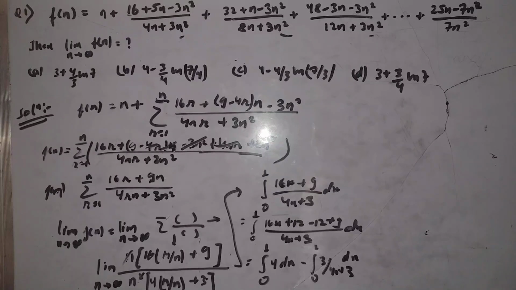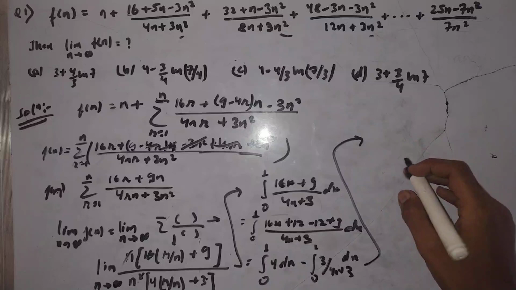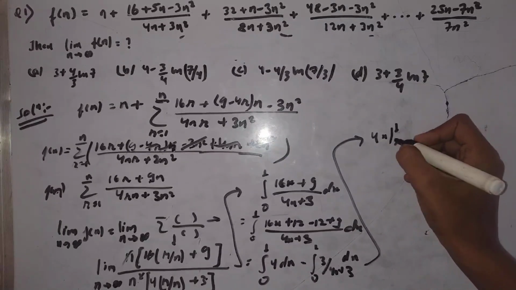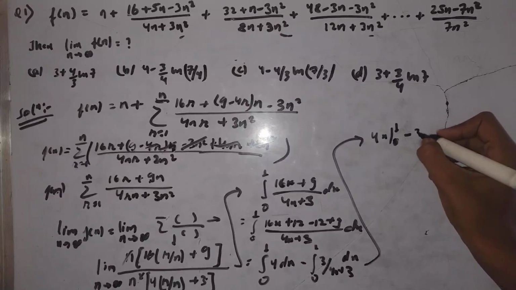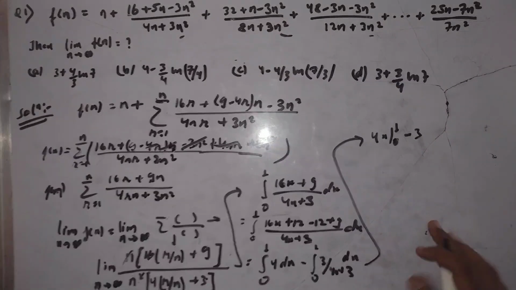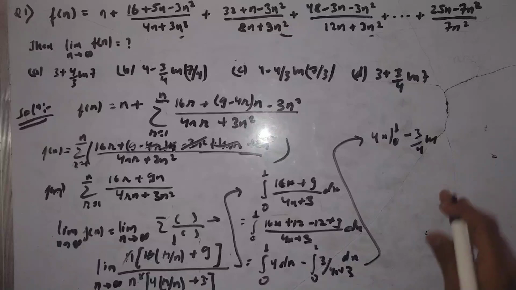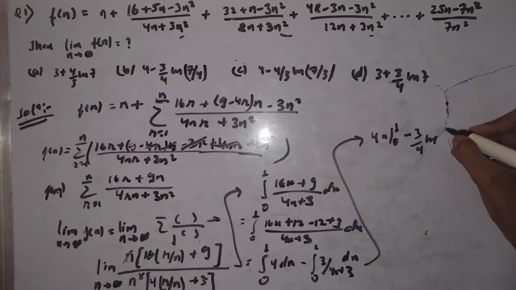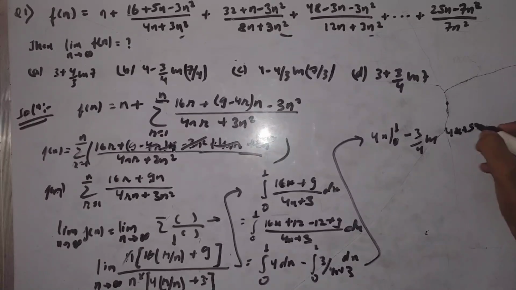Then this thing comes here as 4 into x, limit 0 to 1, minus 3 by 4 ln of 4x plus 3, limit 0 to 1.